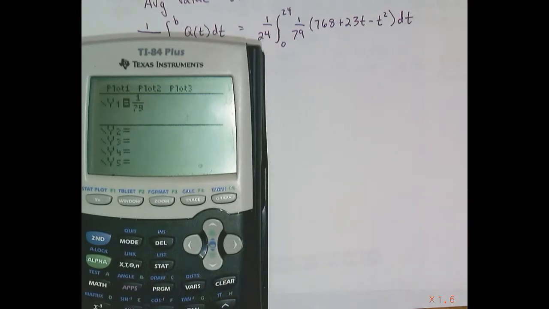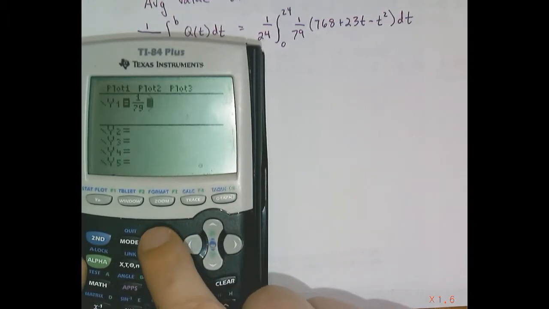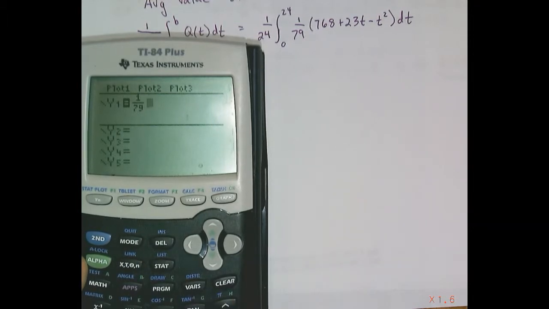If you don't have that on your calculator, you can of course type 1 divided by 79 and put that in parentheses. But since I have it, I'm going to use it. And the equation 768 plus 23x minus x squared.